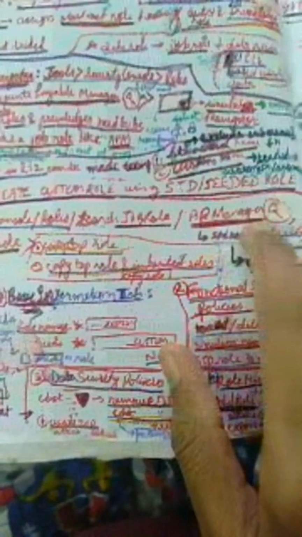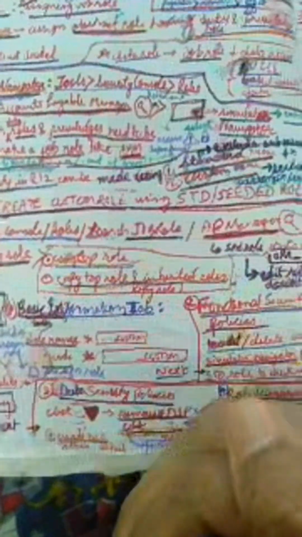So because the copy role option is present, we'll click on copy role. There are 2 options: copy top role, and copy top role and inherited roles. Copy top role only copies the AP Account Payable Manager job role. It doesn't copy all the privileges or duty roles associated with this AP manager.